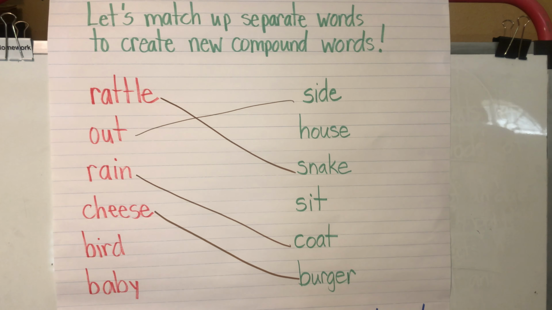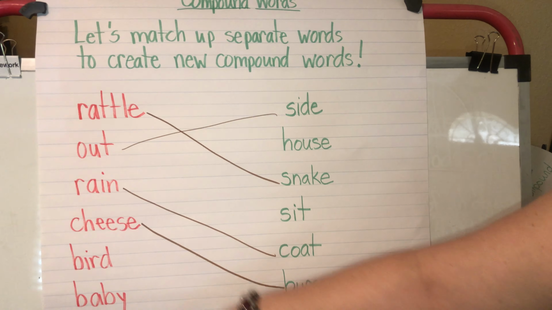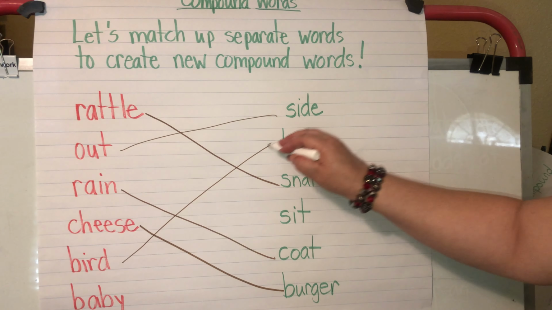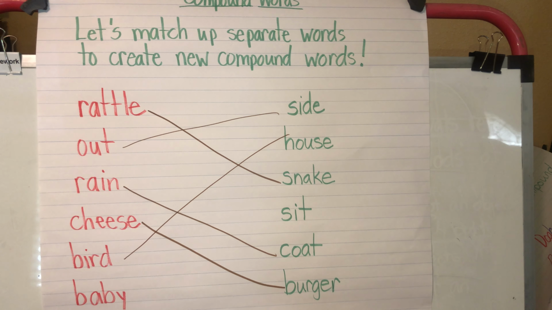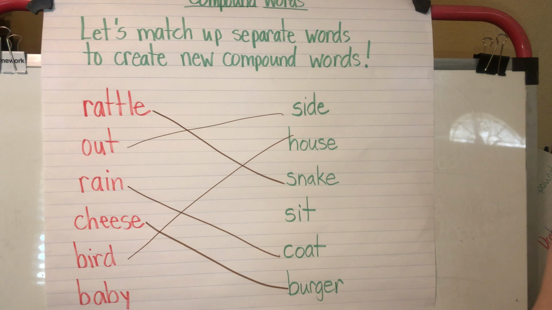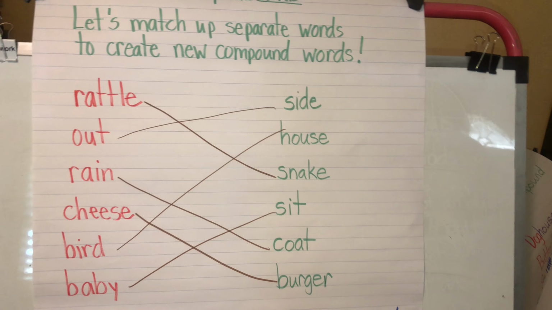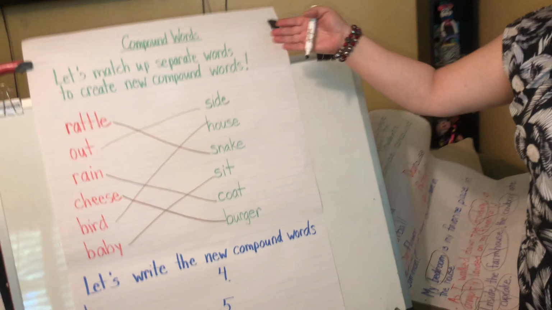That is a compound word. And then I have bird. And I'm going to match it with house. And that makes birdhouse. And my final one, baby with sit, babysit. So there they are, all matched up.